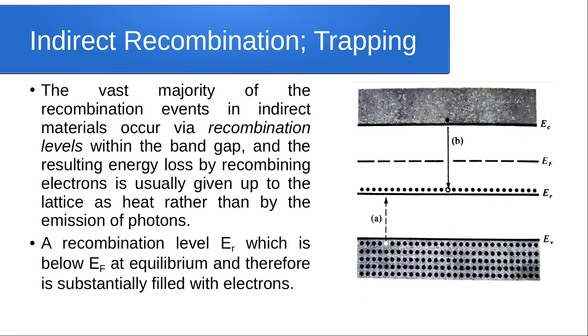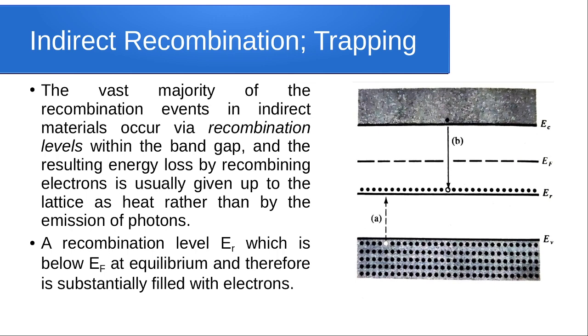Whenever an electron falls back from the conduction band, it comes to this level first and it occupies a vacant space here. How did a vacant space occur in this recombination level? One of the electrons at this level had escaped to the valence band to fill the hole at the valence band.